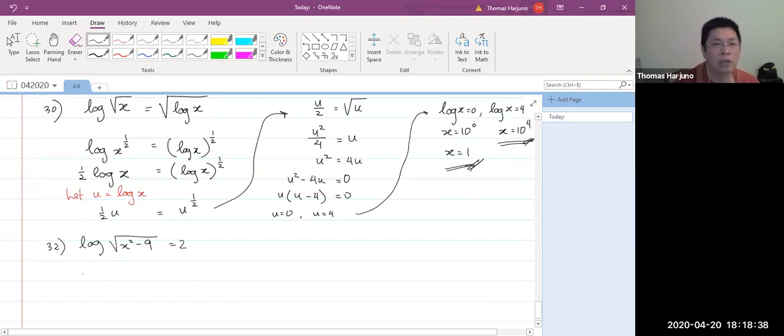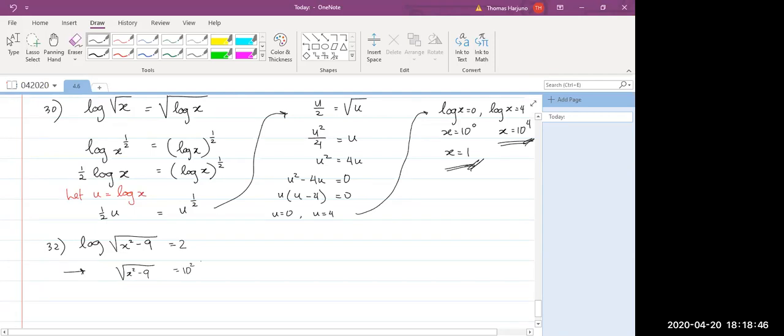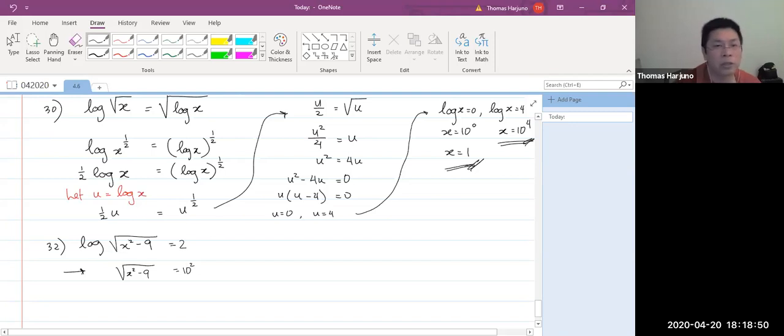So I change it into exponential form: square root of x cubed minus 9 equals 10 squared. So this is x cubed. Then I square both sides, so x cubed minus 9 equals 100.